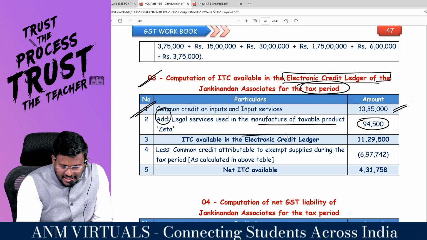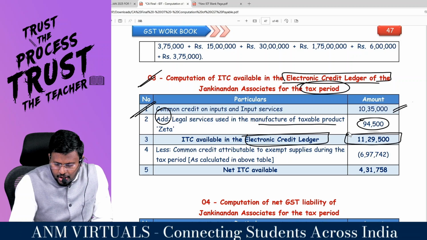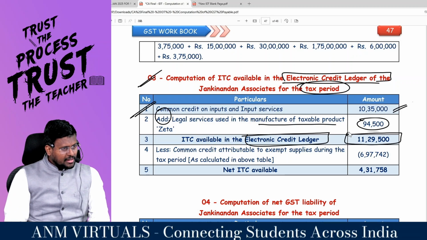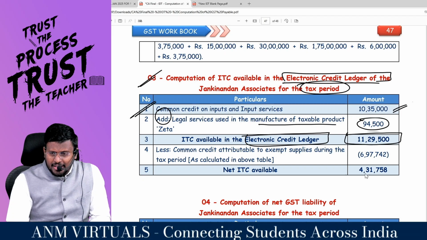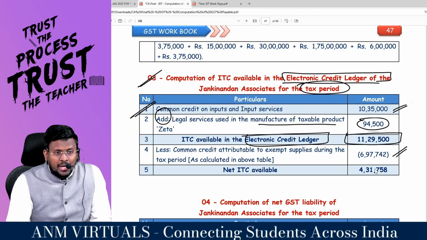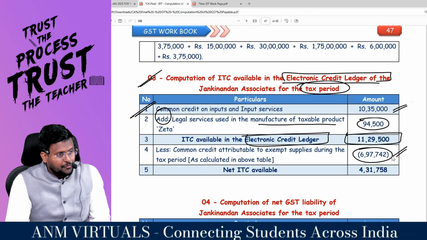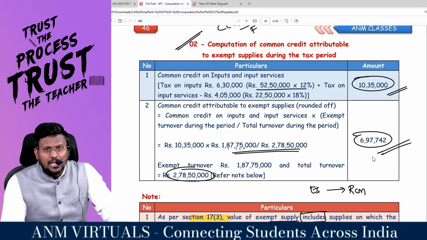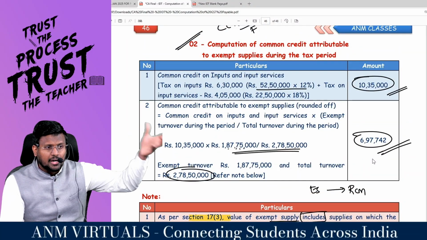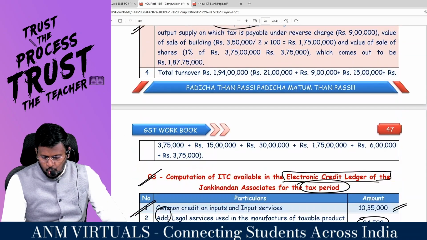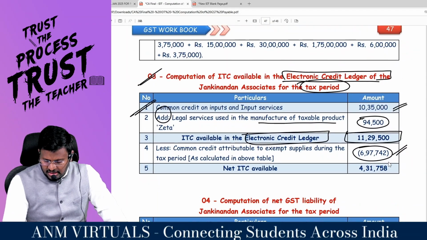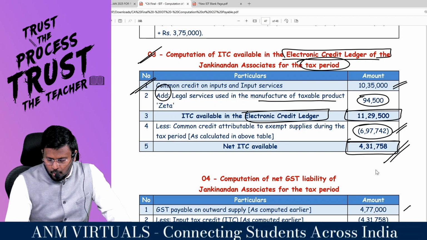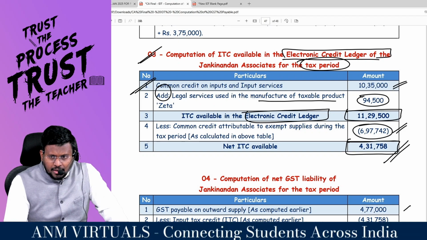So the total ITC available in the electronic credit ledger will be 11,29,500. From that 11,29,500, you have to disallow 6,97,742, which you just calculated based on the common credit into exempt turnover divided by total turnover. So the net ITC available will be 4,31,000.